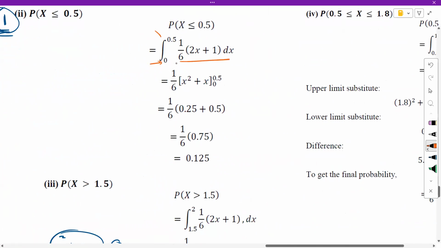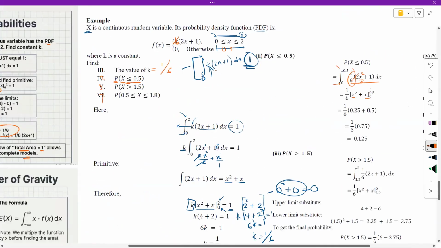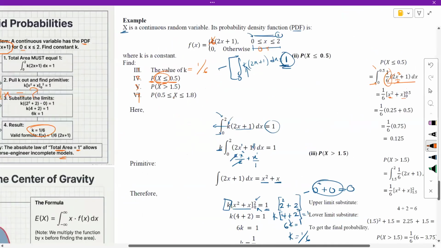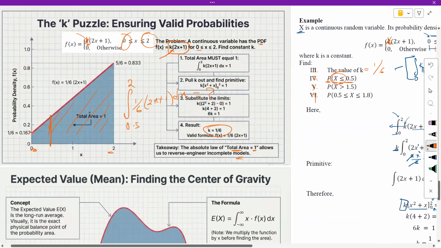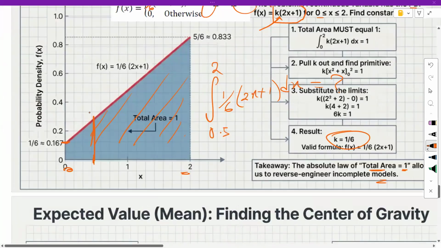We take out 1 over 6 from outside, and this becomes x squared over 2, and this 2 comes here, plus 1, and first we substitute 0.5. Sorry, the question is, is it less than? X is less. I'm sorry. We have to find the probability area of this. I said it wrongly earlier, that area is wrong. We have to find the area of this.